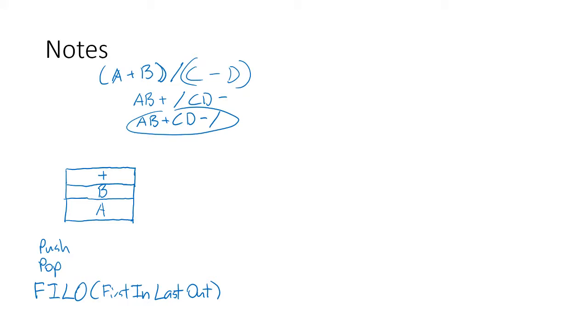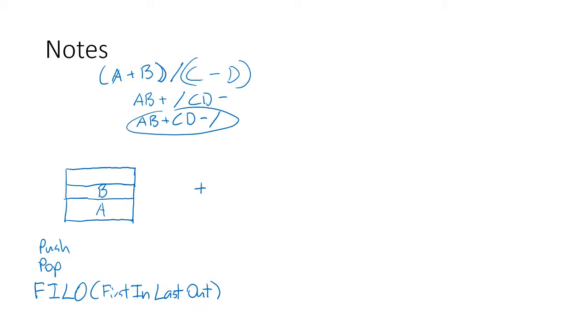Alright, now as soon as we see a plus sign on our stack or any other operator, we're going to pop that operator off. So we're going to erase it. I'm popping it off. It's now right here. And then we're going to pop the two below it off as well.